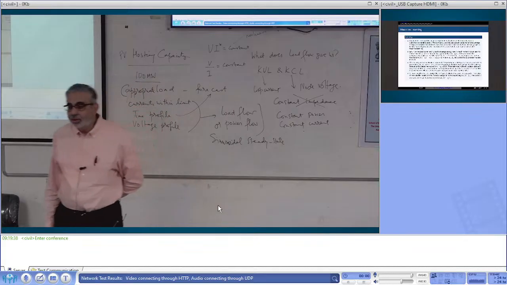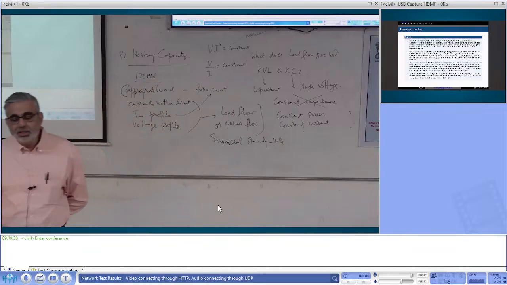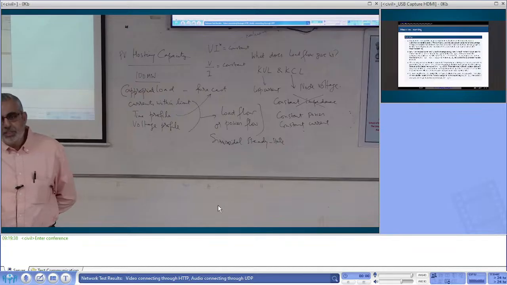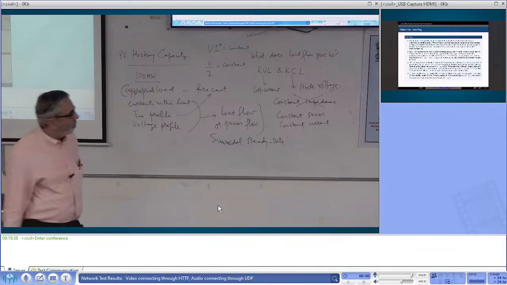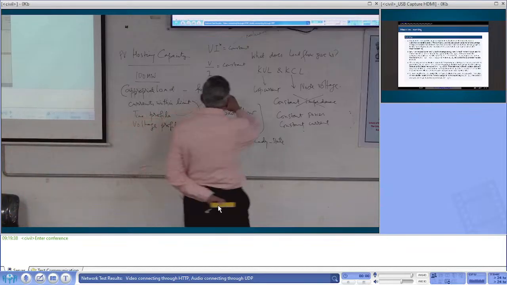It is sinusoidal steady state. It says that all the transients have disappeared. This is a mega assumption. And because of this assumption, we can do so much in our power system analysis.